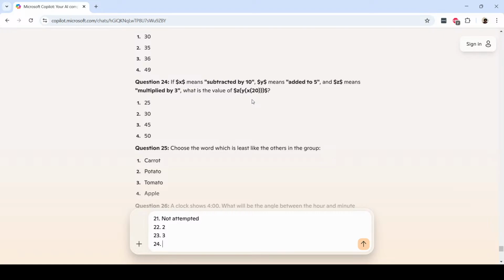And on the inside we have y, so y means added to 5, so whatever the inside result is we need to add 5. Then x is subtract by 10, so whatever the inside result is, minus 10, and inside is 20. So 20 minus 10 is 10, plus 5 is 15, and into 3 is 45. 45 is the option.